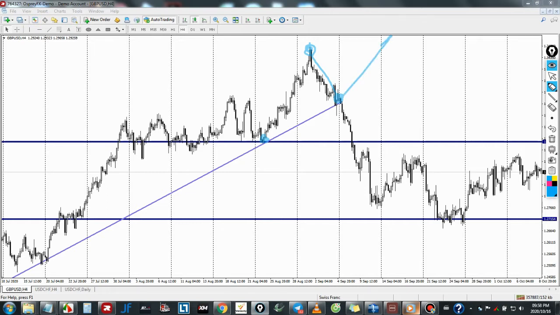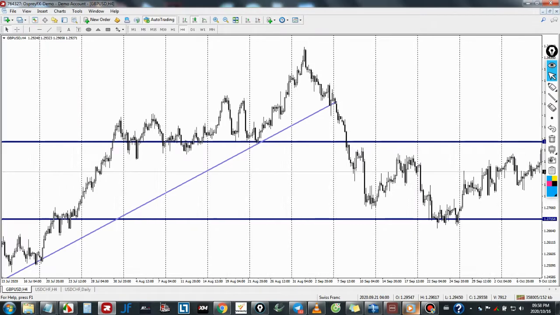Once the trend line gets broken, at least it must form a higher high around these lows, or even above these lows. Then that's where it can form a higher low here for continuation. If it doesn't form here or here, then definitely here or even somewhere above this previous higher low.